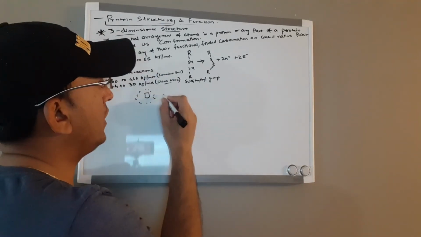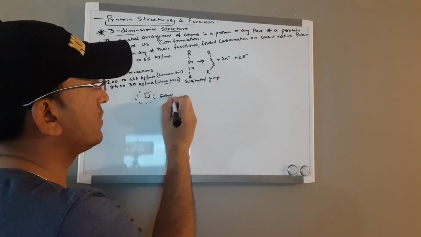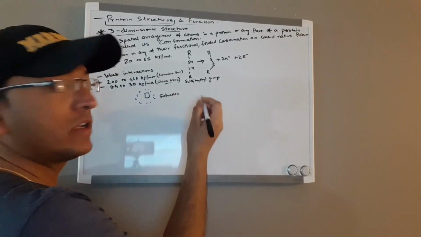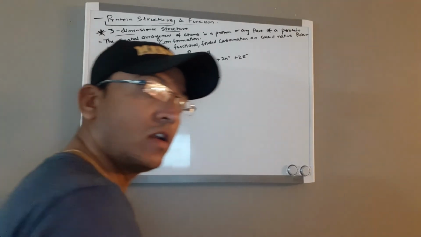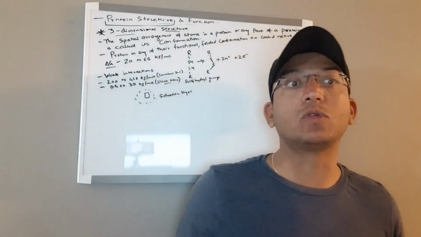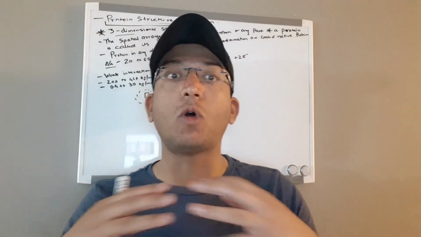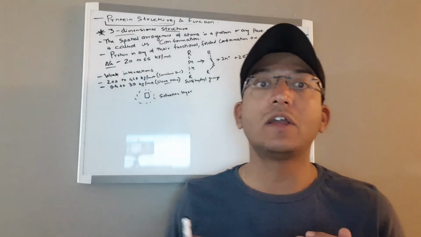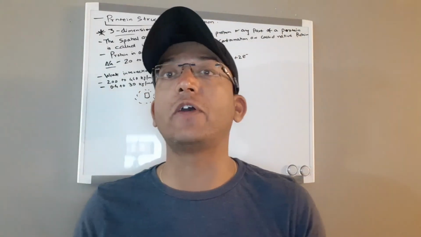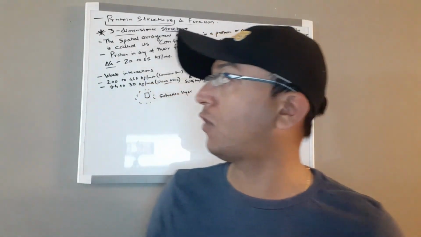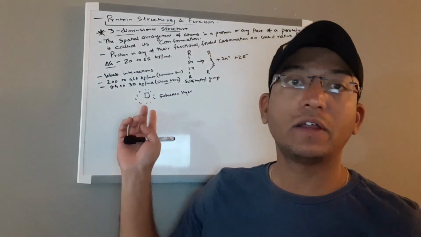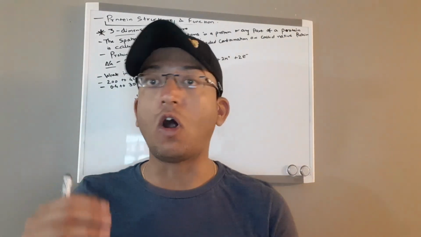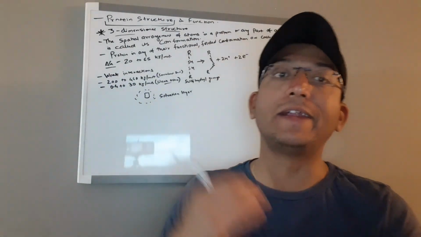This layer or shell is known as the solvation layer, the solvation layer of water around the molecule. The increased order of water molecules in the solvation layer correlates with an unfavorable decrease in the entropy of the water. So the randomness of the water decreases and the order of the water molecules around it increases.